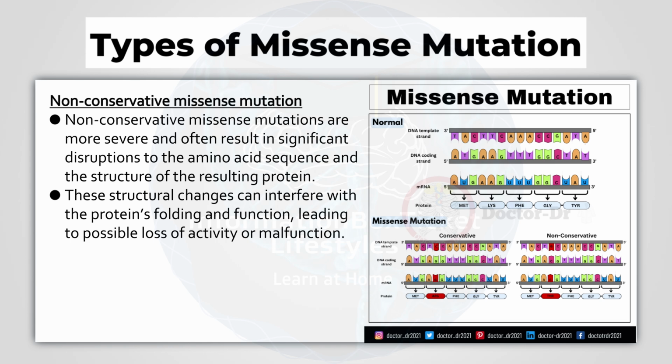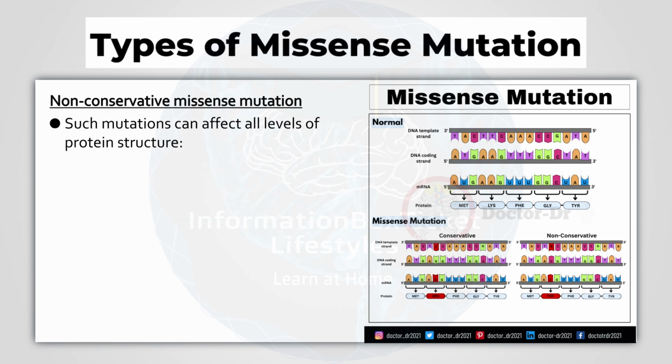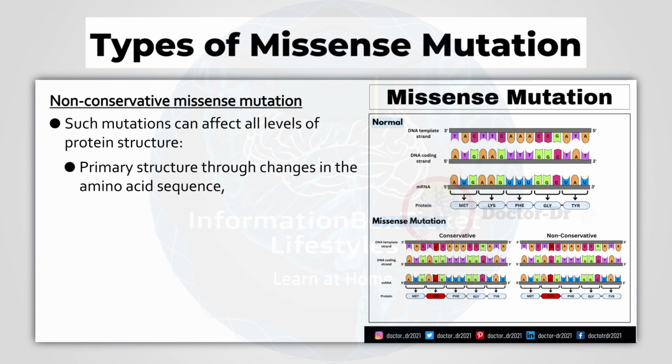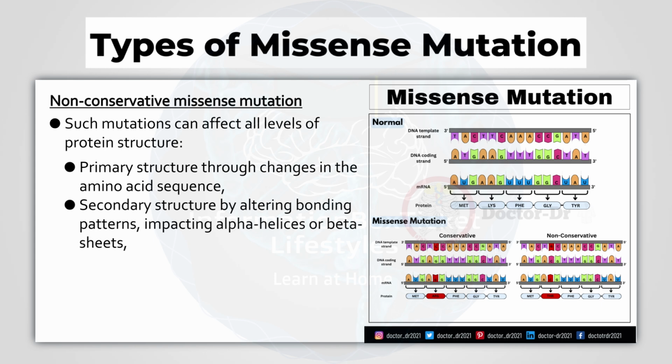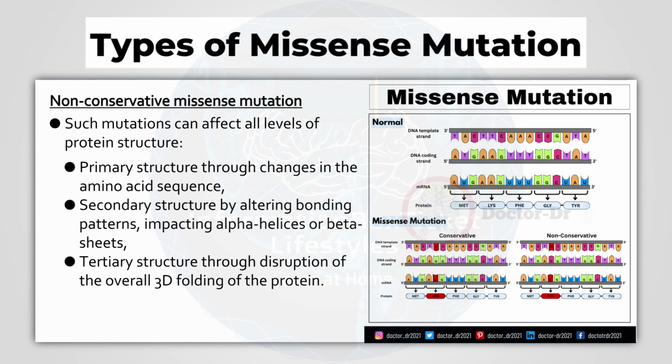activity or malfunction. Such mutations can affect all levels of protein structure: primary structure through changes in the amino acid sequence, secondary structure by altering bonding patterns, impacting alpha helices or beta sheets, tertiary structure through disruption of the overall three-dimensional folding of the protein.